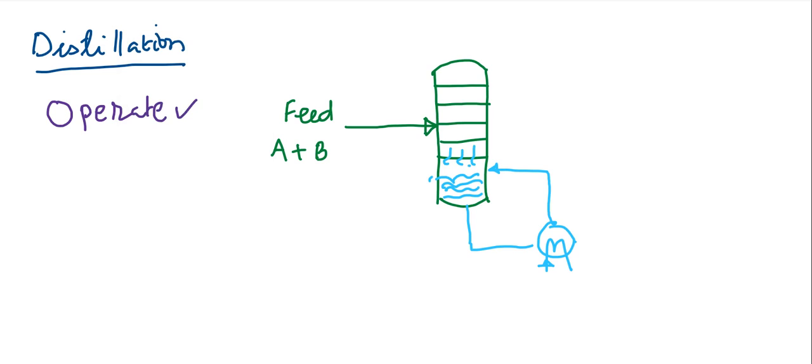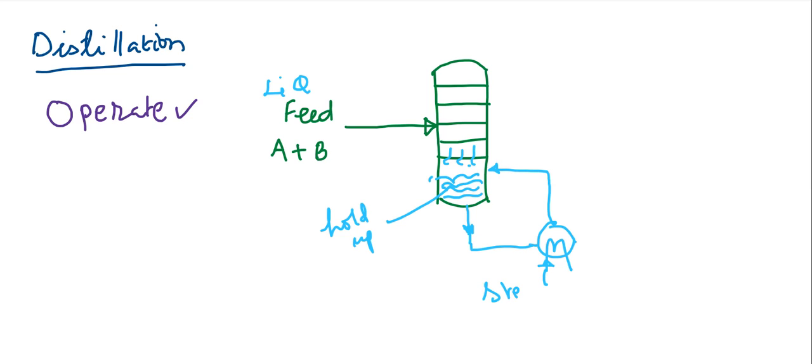So how is the vapor generated? The feed which I am considering is a liquid phase. We are initially filling the tower to some extent. That is known as hold up. Then after filling up to some extent, I fill this reboiler also, and then supply heat.